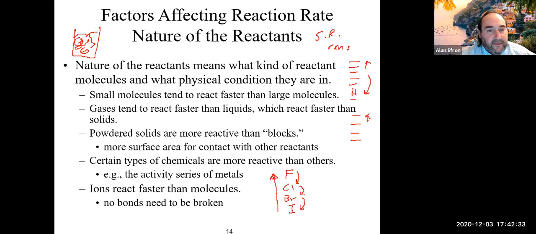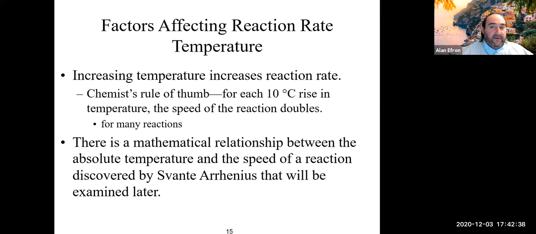They're ready to react. Another really important thing in terms of the rate of a reaction is temperature. That could have a drastic effect on a reaction. In general, if you raise the temperature by about 10 degrees Celsius, a lot of times the reaction will actually double in how fast it takes place.